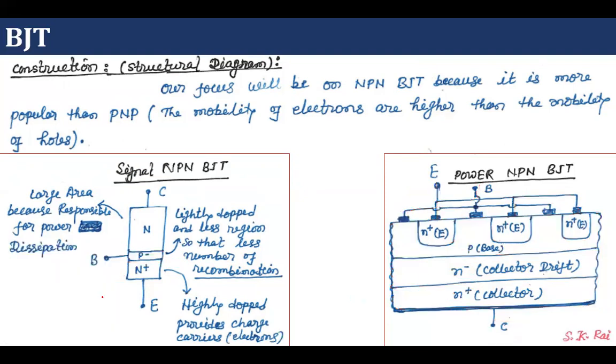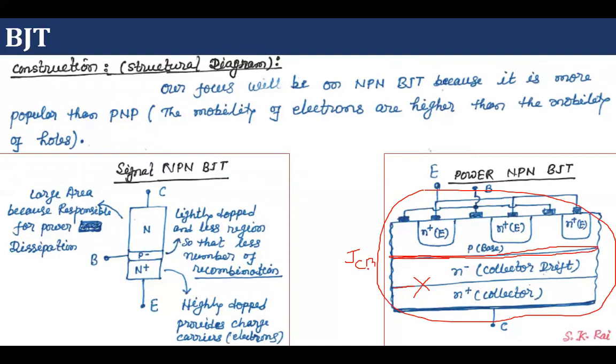One more important point, how many junctions are available in this power BJT? Only two types of junction. There is no junction here, no junction. Why no junction? Because we do not have P-type, N-type semiconductor material. The first junction is at this place. This is the junction, which is collector base junction. And this junction, in all these three, it is the same.